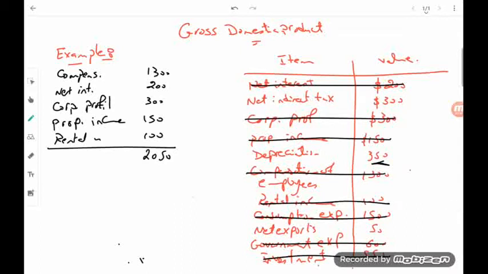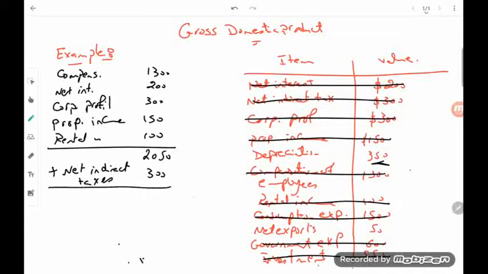We would like to convert it to market price, so we have to add indirect taxes less subsidies, or net indirect taxes, which is 300. This will be net domestic income at market price.